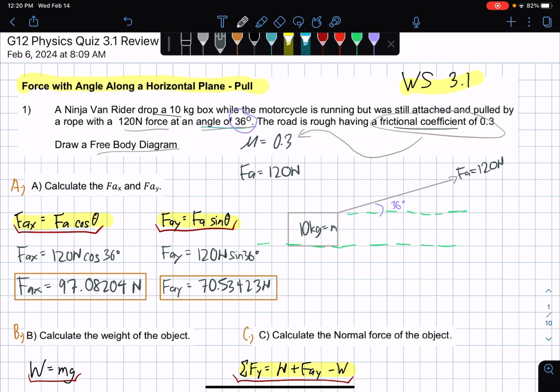If I remember correctly, these values in the illustration are basically this. This one is FAX, with respect to the x-axis, and FAY with respect to the vertical part of the illustration.